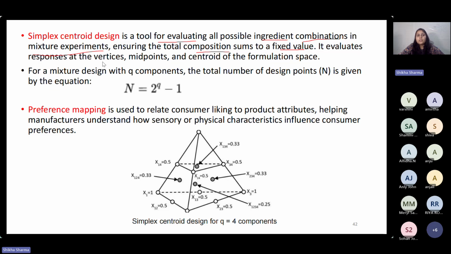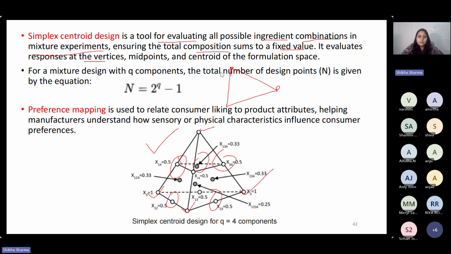So it evaluates responses at the vertices. Like we discussed, here it will have the points at the vertices, this vertex, this vertex, this vertex, then the middle points, then also the center.